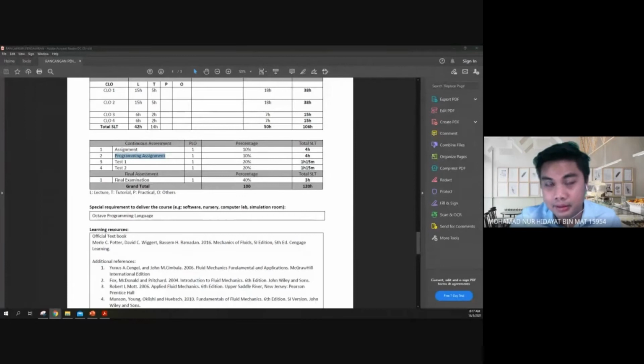For example, the company ABC Sendirian Berhad would like to hire you to solve the fluid mechanic issue by programming the code. So it is like a calculator: you input the value and finally you're going to have the output. It's something like that.